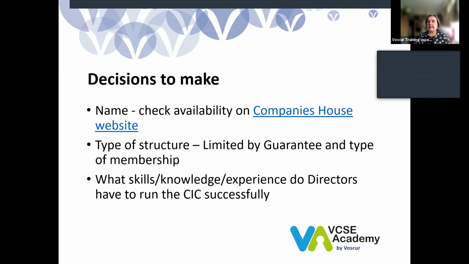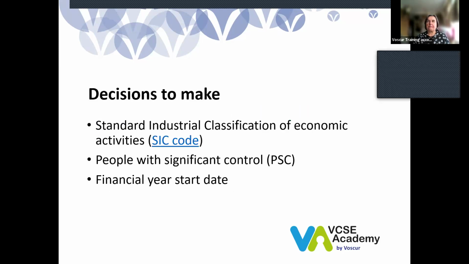When you register, you'll be asked to say what your SIC code is. What a charming name. But it just stands for the Standard Industrial Classification of Economic Activities. And all this is a government system to classify what kind of companies are being set up and operating in Britain today.